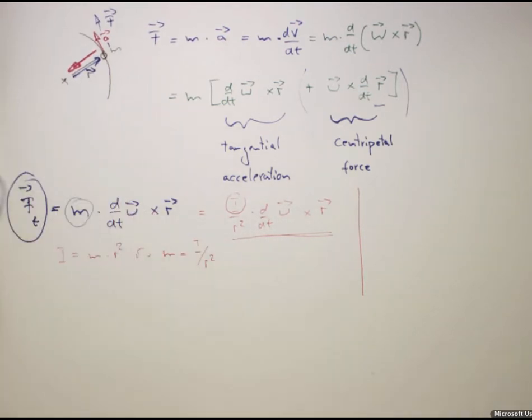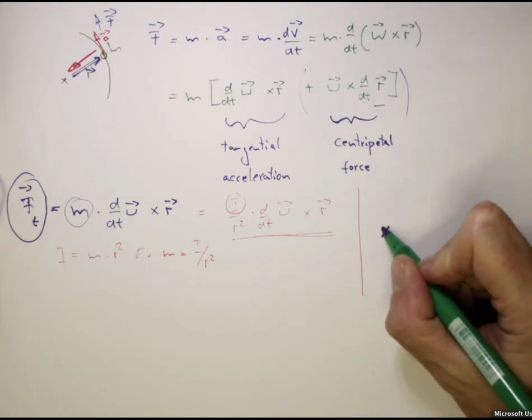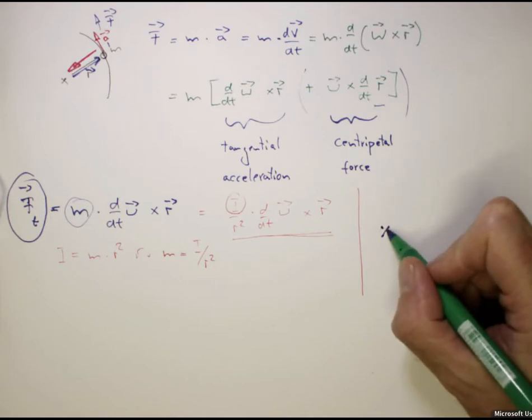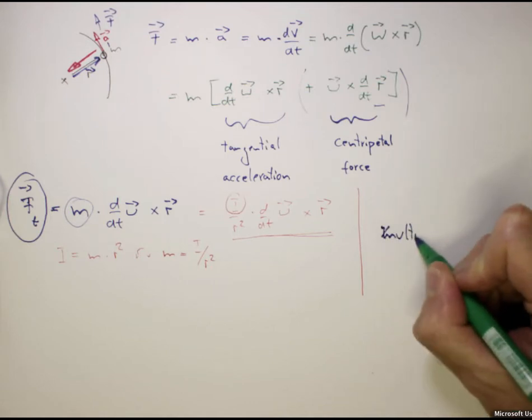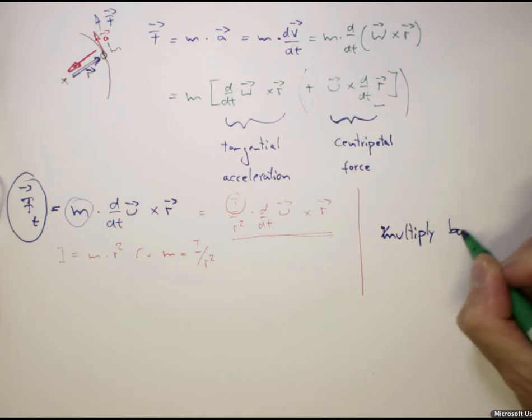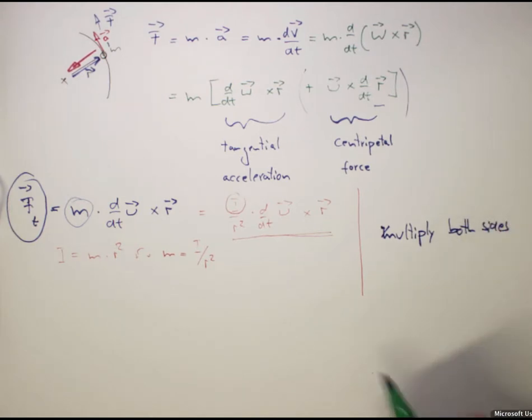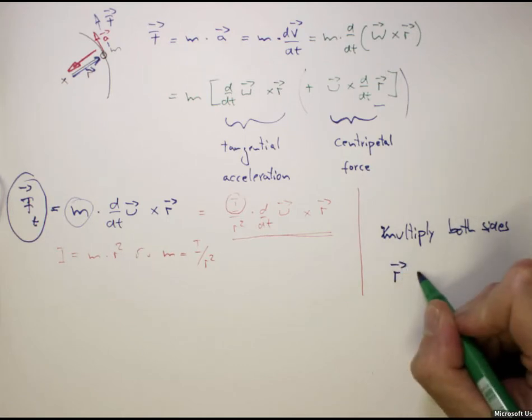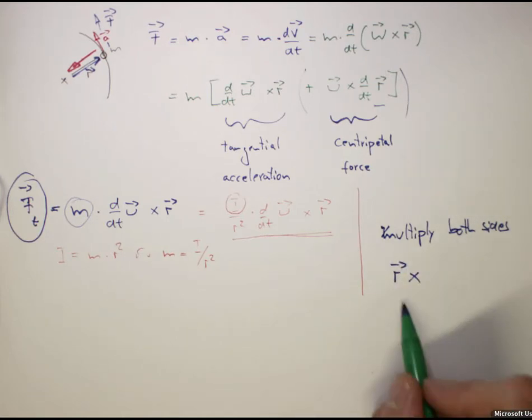We're still dealing with this tangential force, and we want to find something that can replace it and has the character of a rotational motion. So let's do something maybe unexpected. Multiply both sides with the radius vector cross.